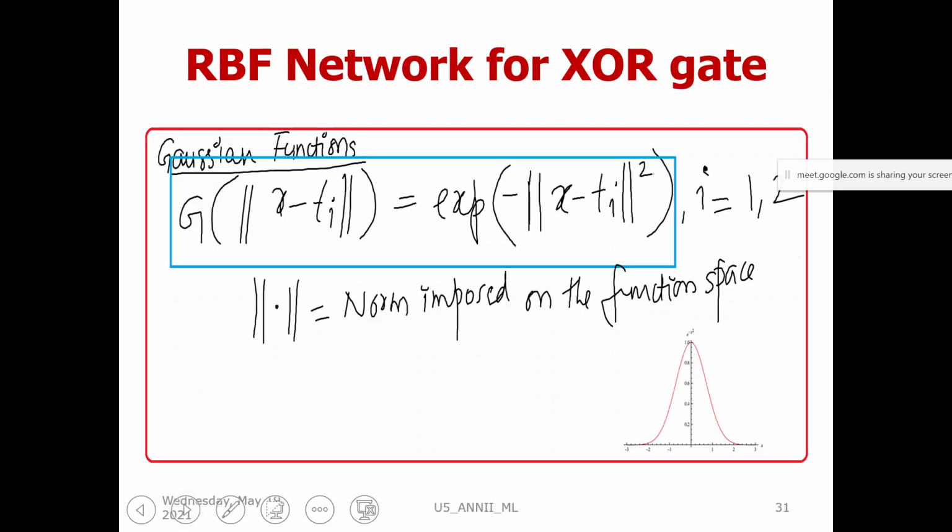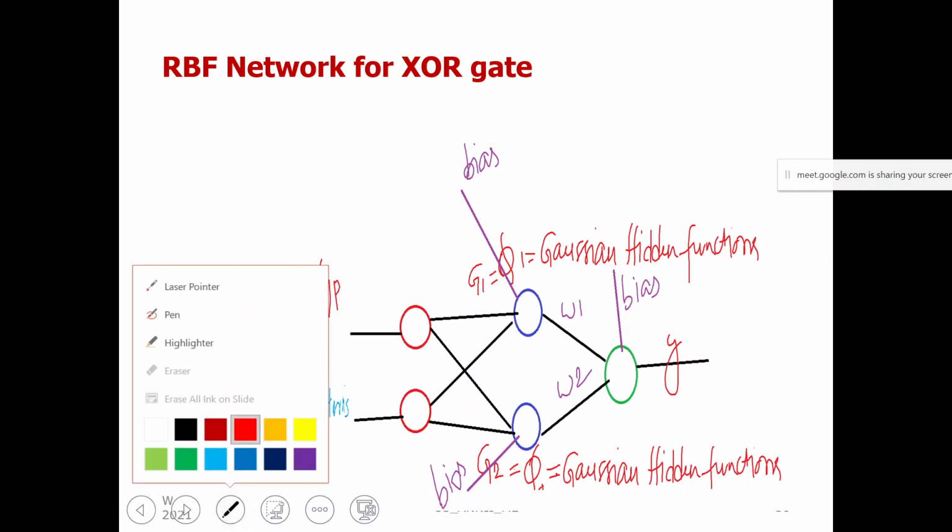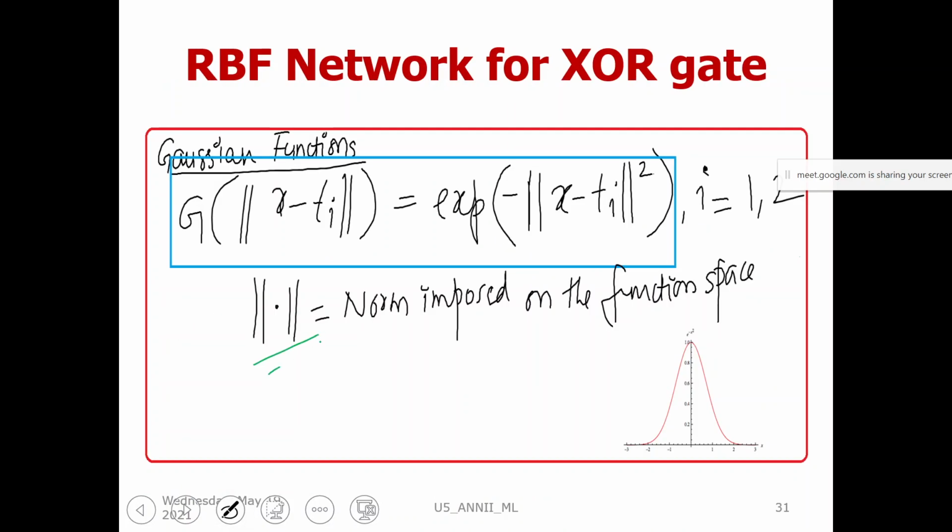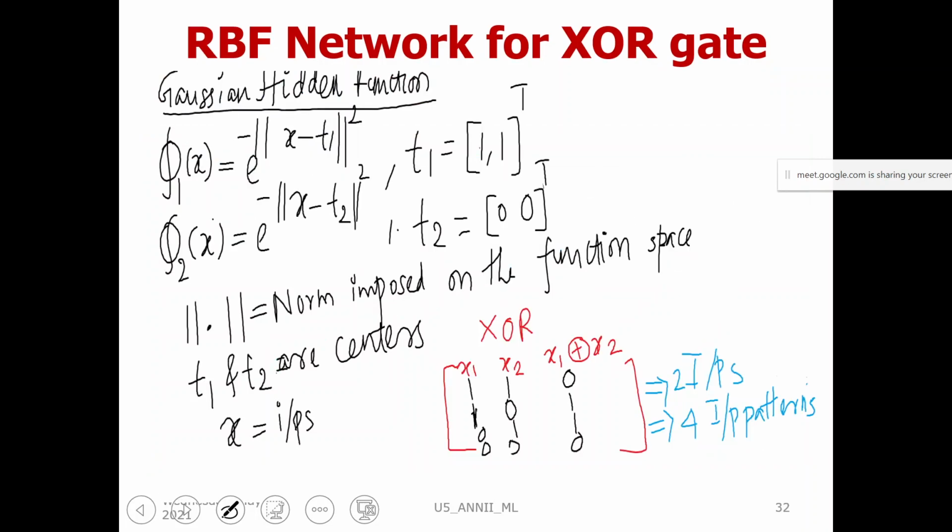This indicates the norm imposed on the function space. Now, the Gaussian hidden functions phi 1, phi 2, instead of that we will be writing G1, G2 in the program. So e raised to minus norm of x minus T1 whole square, and e raised to minus norm of x minus T2 whole square. T1 and T2 are nothing but the centers.